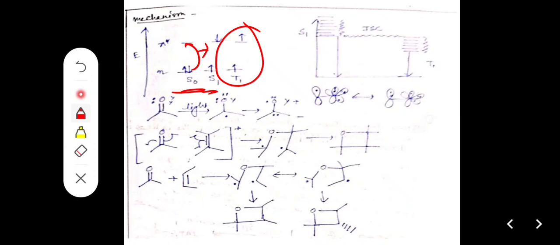Now consider this ground state S0. By absorption it goes to S1. Then there must be inter-system crossing, and we get T1.